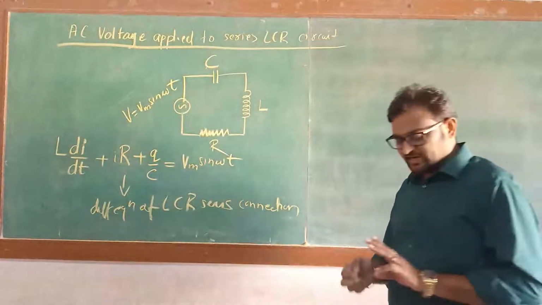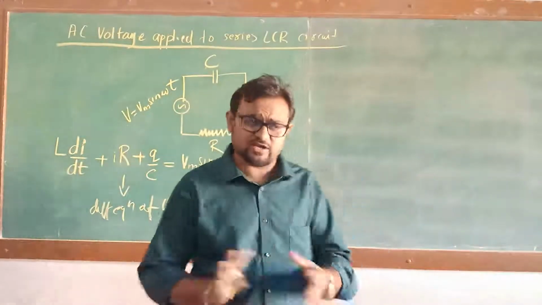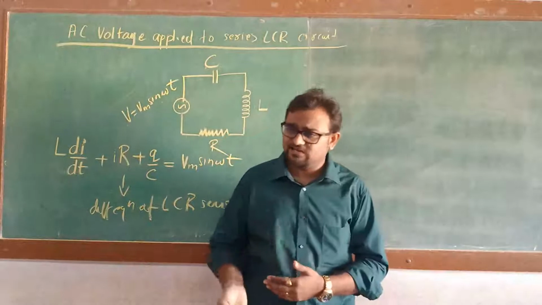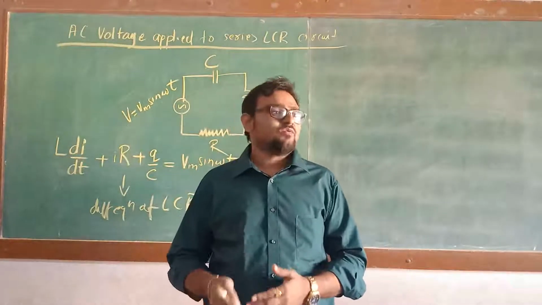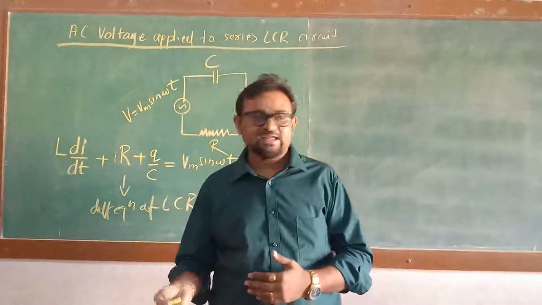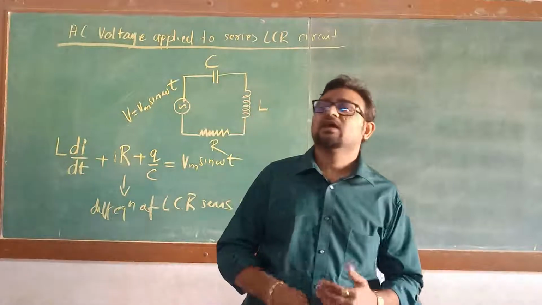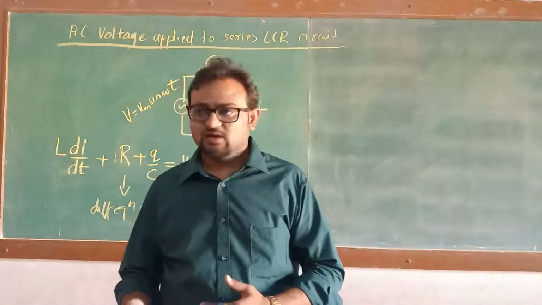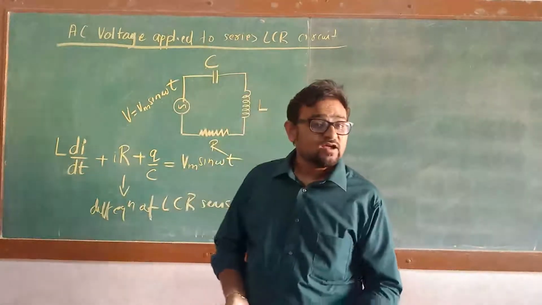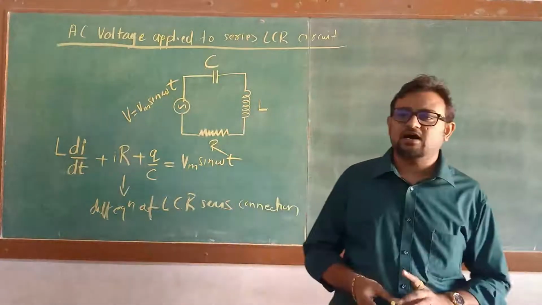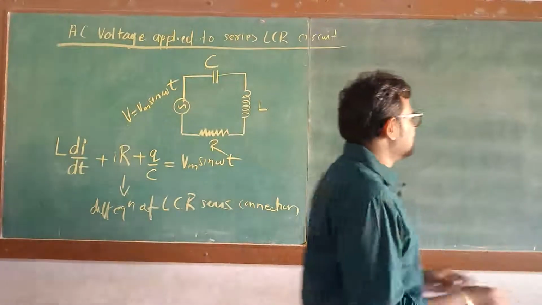We have already studied that for current and voltage, in a capacitor the current leads. In an inductor the voltage leads. And in a resistor, current and voltage are both in the same phase. Clear?